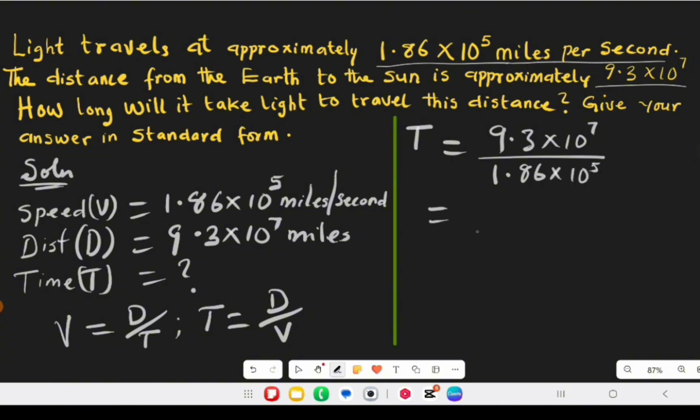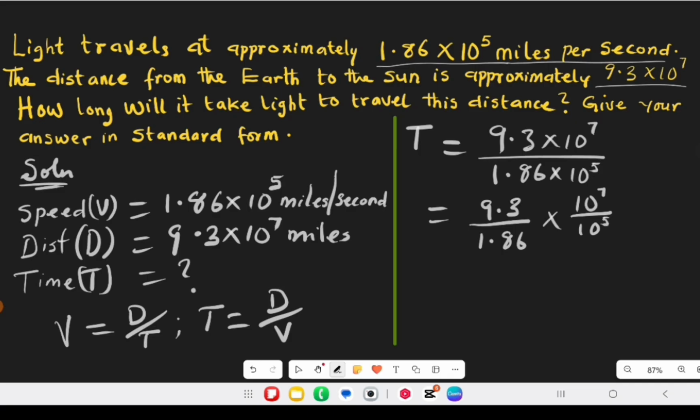If we continue, we can split this into 2, which is 9.3 all over 1.86 times 10 raised to the power of 7 all over 10 raised to the power of 5.